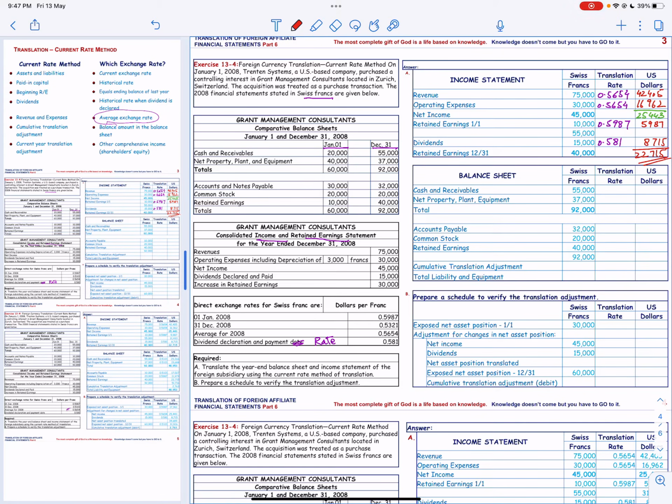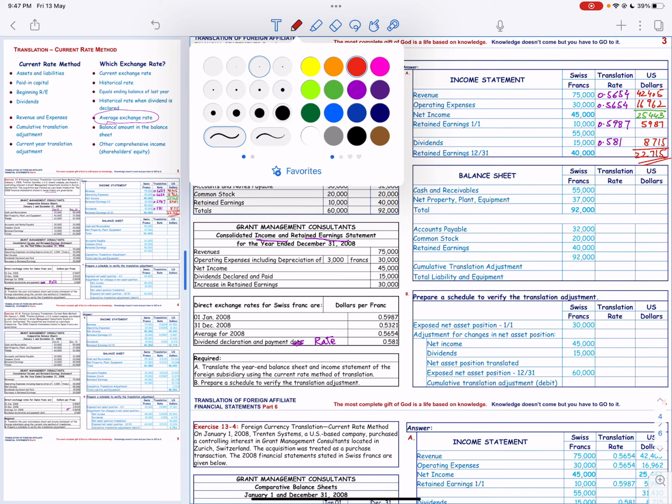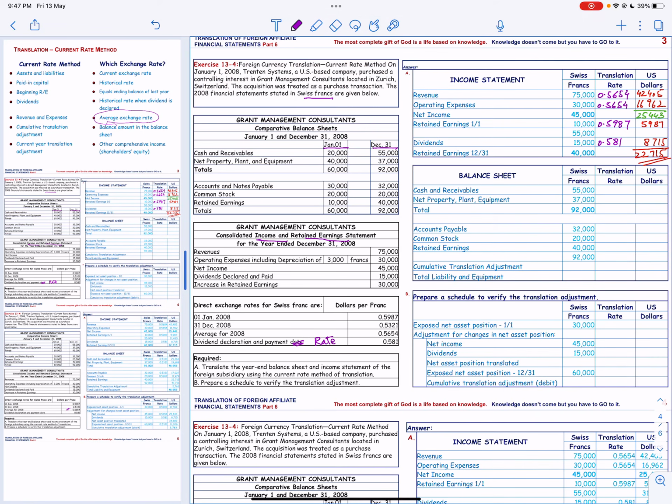Next, let us come to cash and receivables. Cash and receivables, we are going to apply the current exchange rate, that is the rate on 31st December, 0.5321. Same for the net property also, 0.5321.